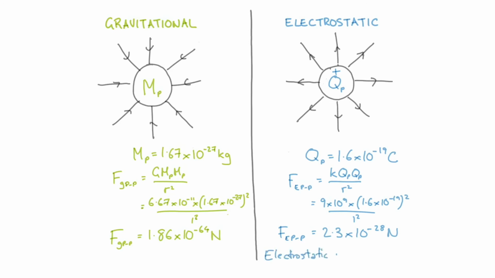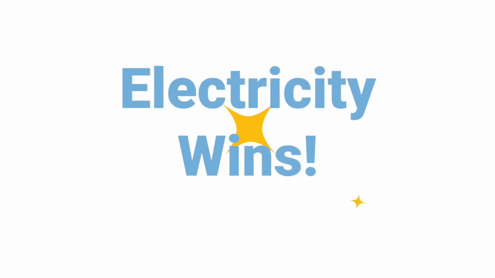Now, that just means if we compare those forces with this example, it is 1.23 times 10 to the 36 times stronger if we're comparing protons. So 1.23 trillion trillion trillion times stronger. So this means that electricity wins in the proton comparison there. Well done, electricity.